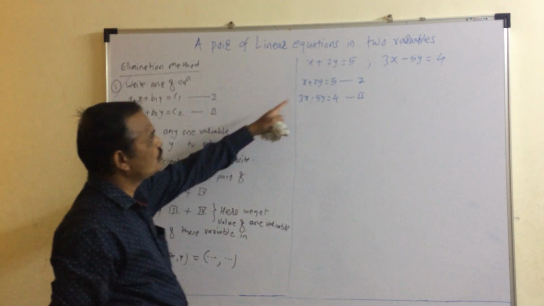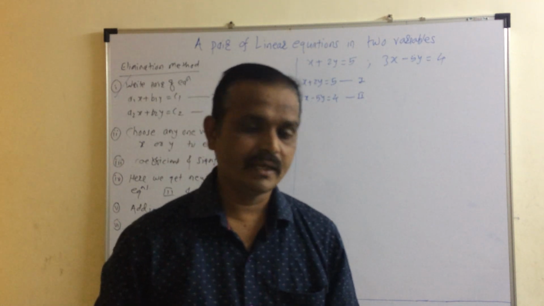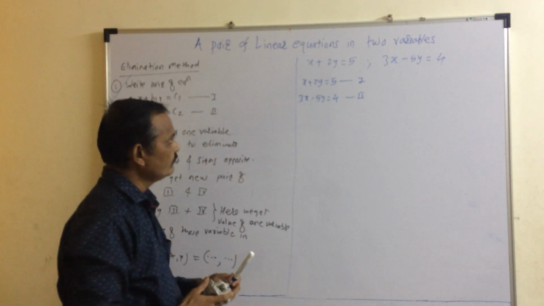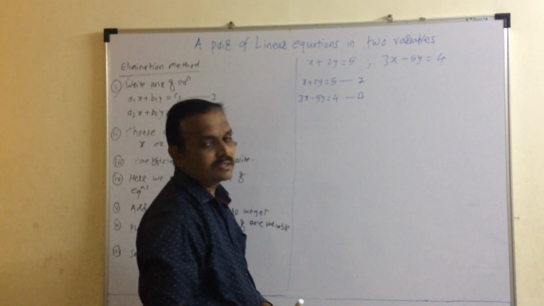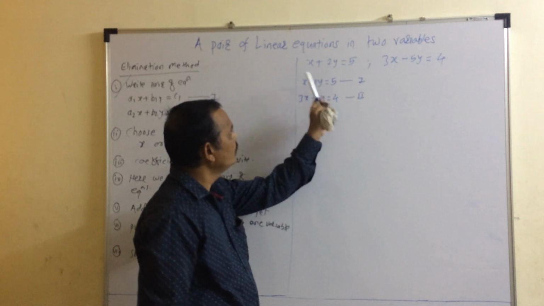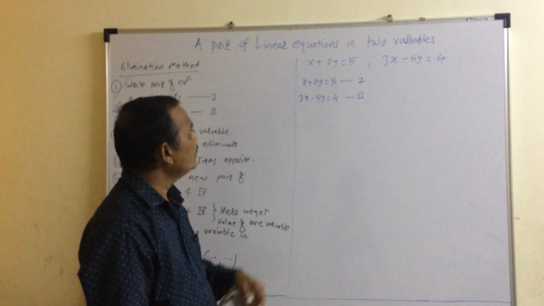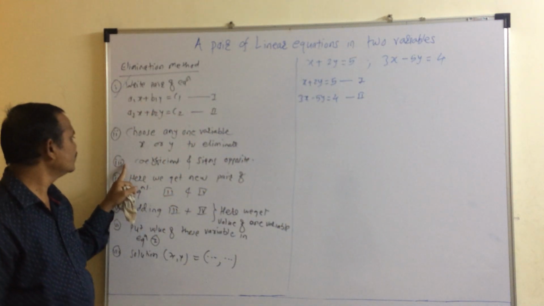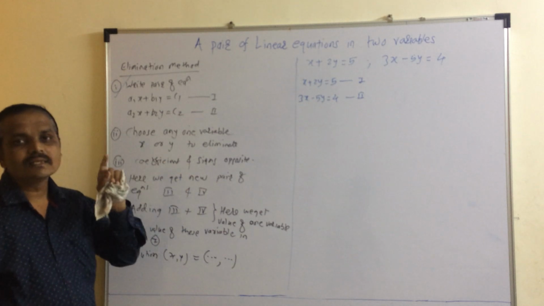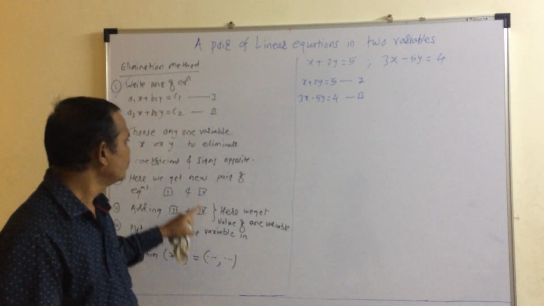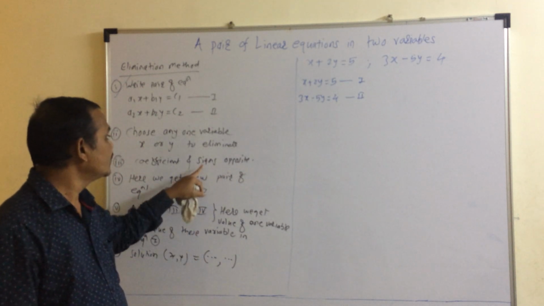After that we have to choose any variable, x or y, to eliminate. We can eliminate x, or we can eliminate y also, but as given in the third step, coefficients should be the same and signs opposite.